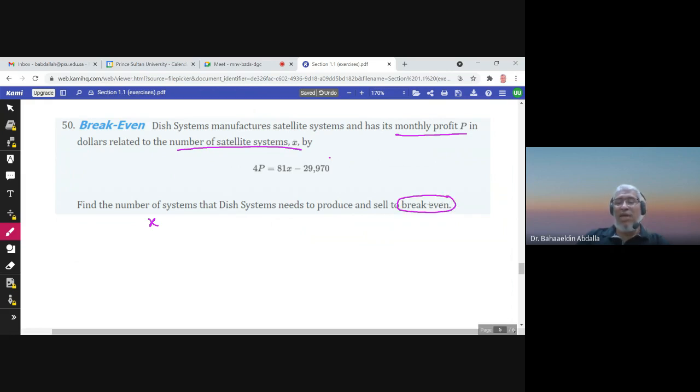Well, breaking even is when the revenue is equal to the cost. And if the revenue is equal to the cost, then the profit is 0. So in fact, we need to find X so that the profit is 0. So P equals 0. So 4 times 0 is 0. And we need to solve this equation.